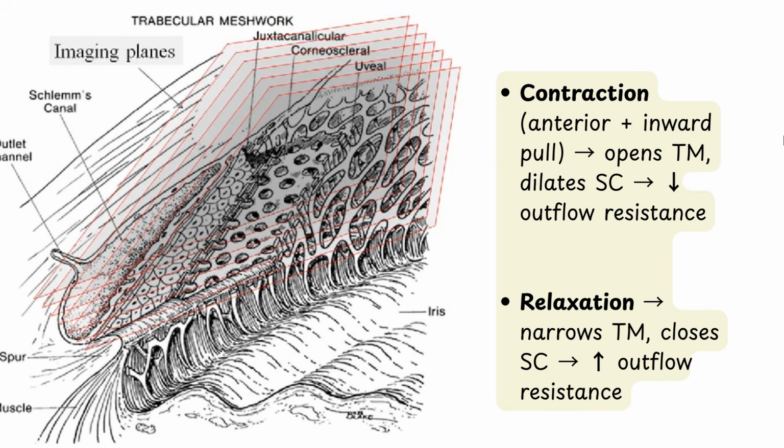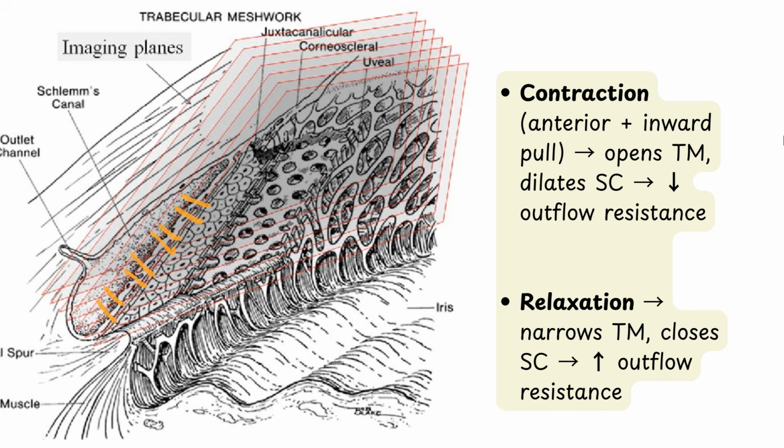So when there's contraction of the longitudinal muscle of the ciliary body, there will be an anterior and inward pull. Anterior means towards the cornea and inward means towards the lens. This anterior and inward pull will open up the trabecular meshwork and dilate the Schlemm's canal.